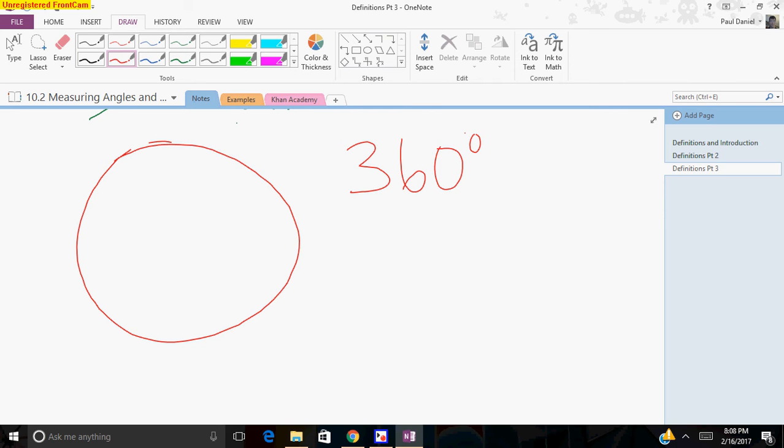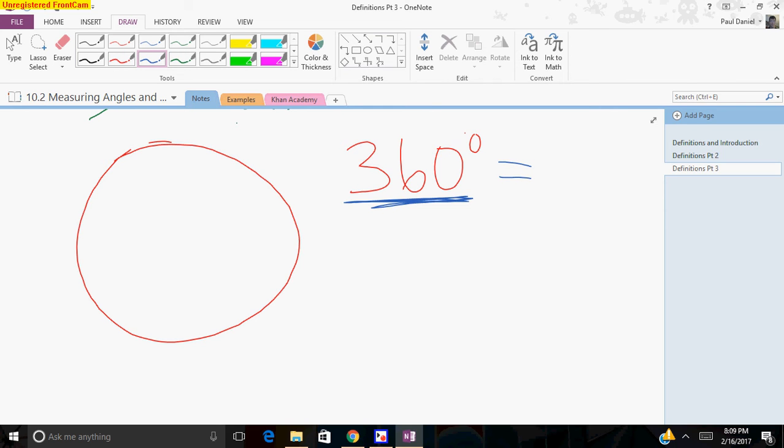They thought it would be nice if they divided up a full revolution into 360 units, and they called those units degrees. But mathematicians traditionally use a different way to measure angles. We also will use degrees sometimes, which is the thing that you're very familiar with. We will also use these things called radians.